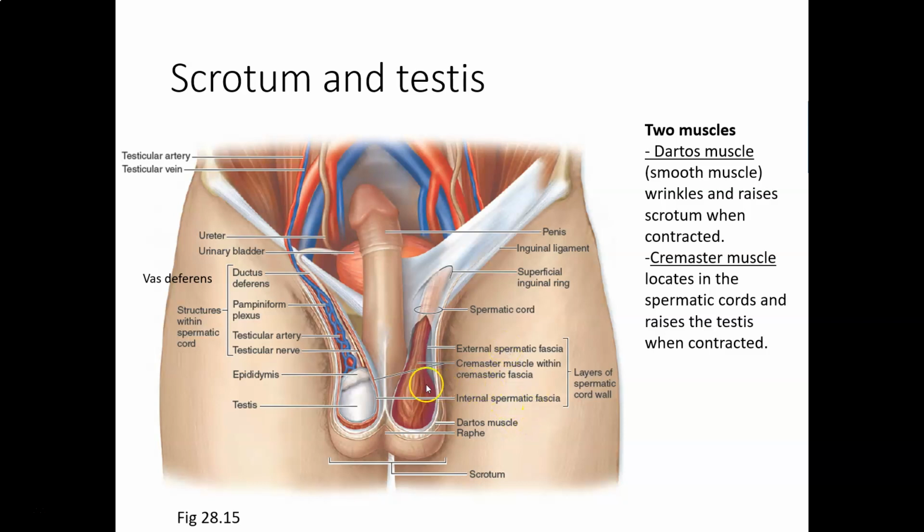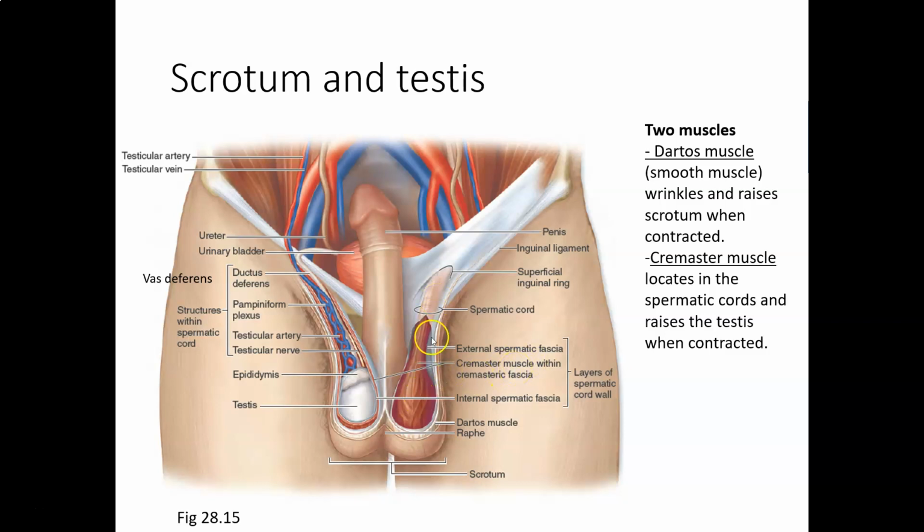But in between, you have a muscle layer called the cremaster muscle, because it's basically a continuation from the abdominal pelvic wall. When it contracts, it's going to raise the testis, right? And when it's relaxed, the testis is going to descend. It's all because of this cremaster muscle.